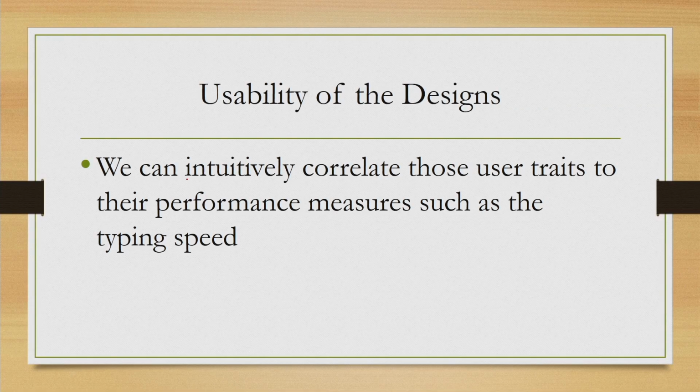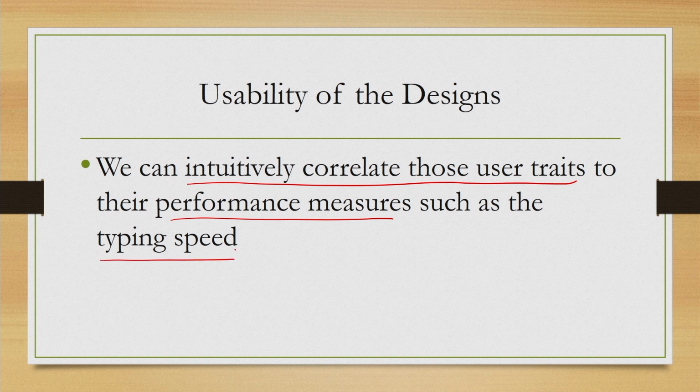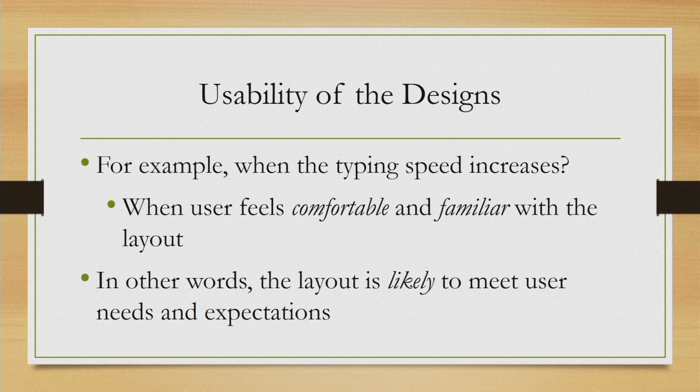Now, we can intuitively correlate those user traits, namely the needs and expectations, to performance measures, such as typing speed for keyboard designs. Why? Let us take an example. When the typing speed increases, intuitively we can say that the user feels comfortable and gets familiar with the layout.